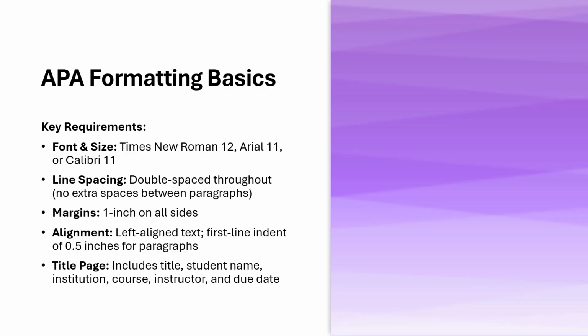Your paragraphs should be left aligned with a 0.5-inch first line indent. And lastly, your title page, which we've gone over numerous times, should include essential details like your paper's title, your name, the institution, the course, the instructor, meaning my name, and the due date.